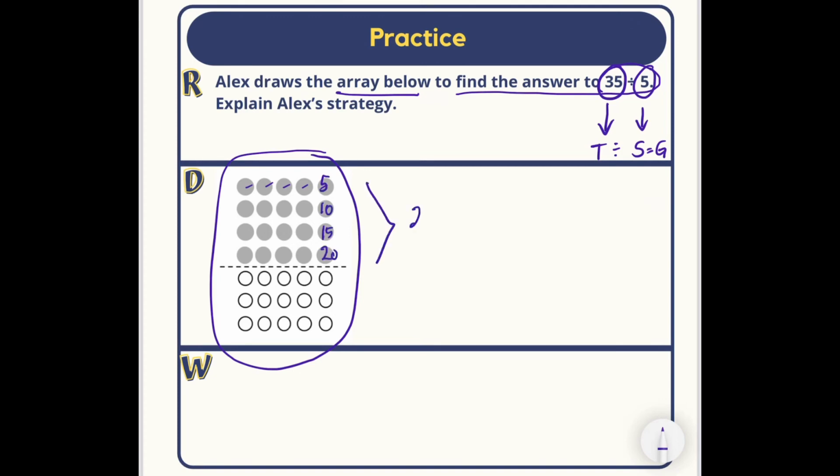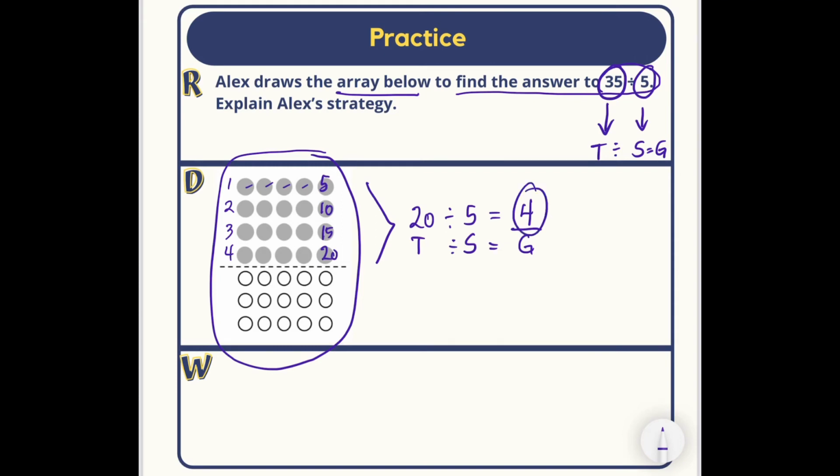And since I know my total by skip counting by 5, I know that this is 20 divided by 5 equals blank. So this blank actually is our group, and we know that our group is the number of rows, so why don't we count that? 1, 2, 3, 4. The answer is 4. Now this is your total for the first array divided by the size of the row equals group.